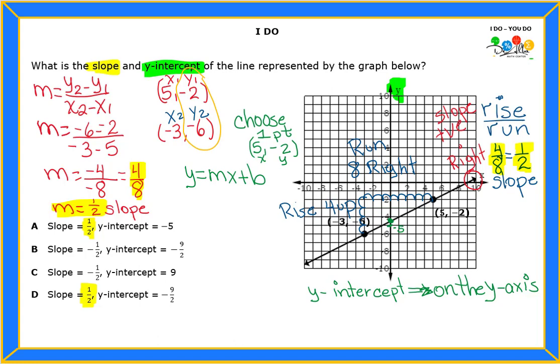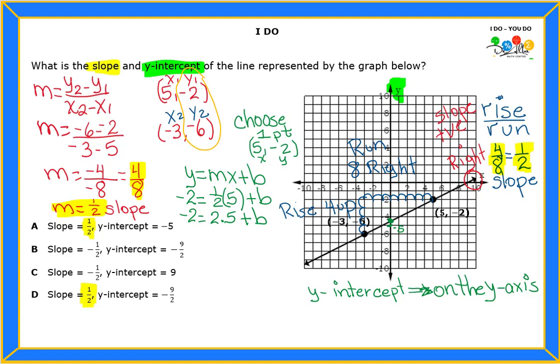The y is going to be -2. How about m? Well, m, I found it earlier as 1/2. X is 5. And I'm going to continue by writing plus b. And 1/2 times 5, I can write as a fraction, or I can write the decimal. Either one. So I'm going to say 2.5 plus b.